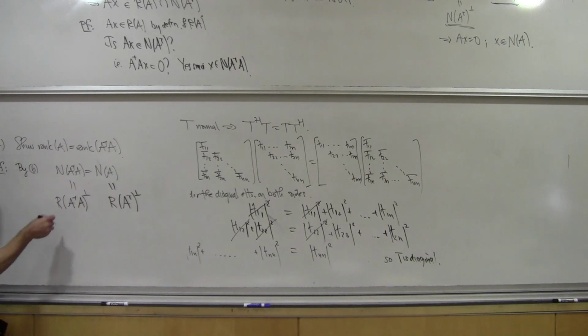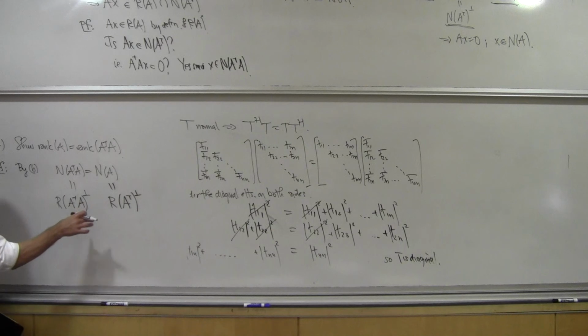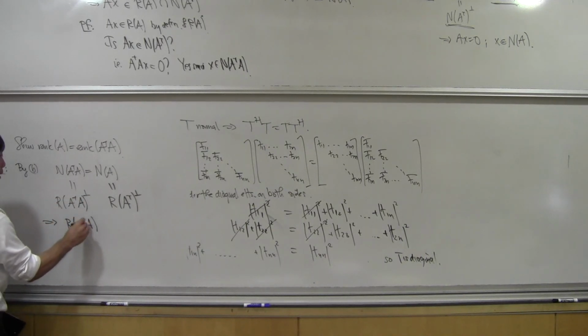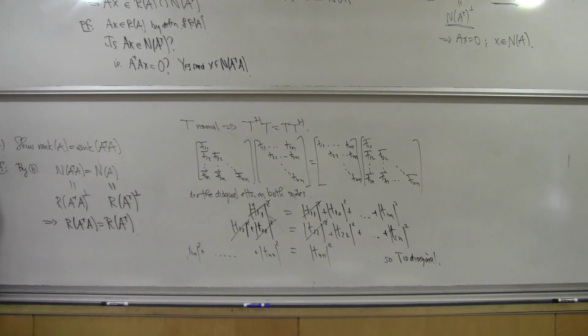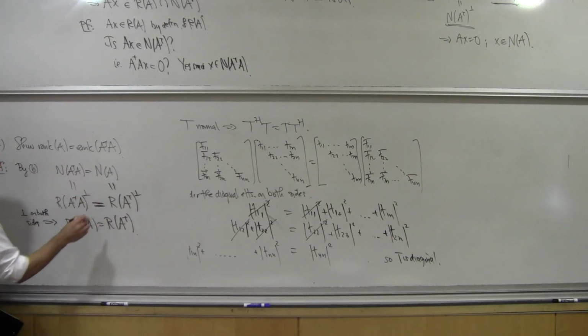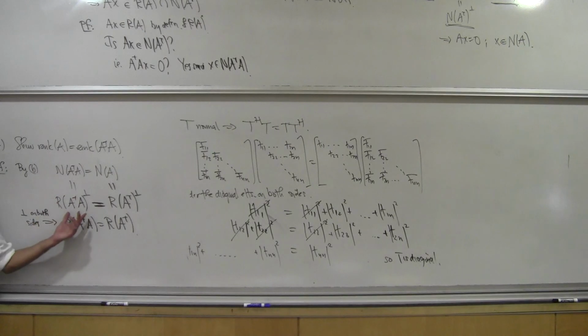So taking orthogonal complements of both sides, that gives you that the range of ATA actually equals the range of AT. So taking perp on both sides, we know that subspace perp perp equals the subspace.